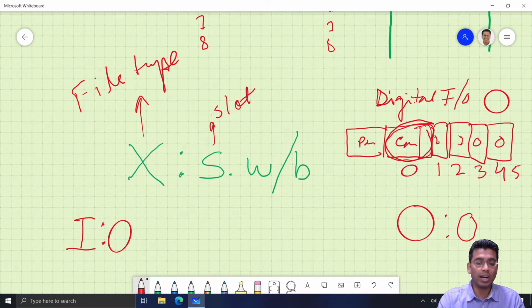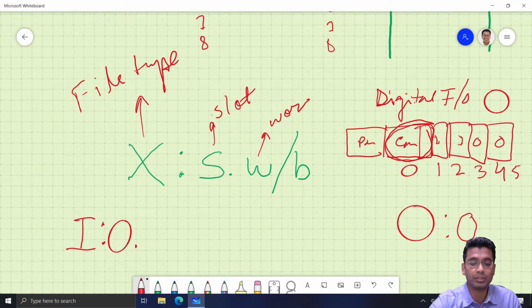After 0 you put a dot, which just separates the slot number. Second, the W denotes your word. What is this word? This is the memory space. I told you all digital inputs and outputs take a single bit.